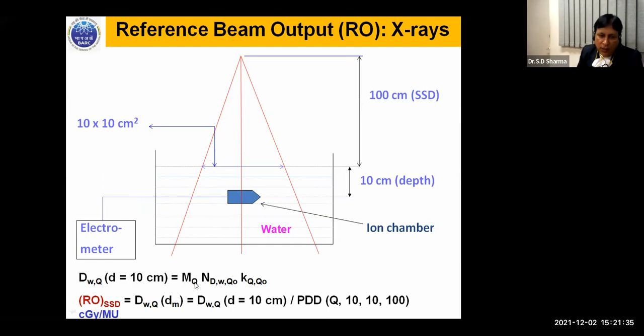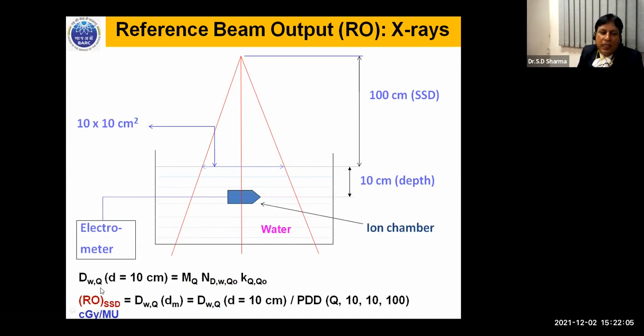The electrometer reading is corrected for influence quantities like temperature, pressure, recombination, and other parameters which I may not discuss here. We also use the calibration coefficient of the ionization chamber, which is calibrated against a cobalt 60 beam, for example, while our measurement is done in a 6 MV X-ray, for example. Then we also require the beam quality correction factor.